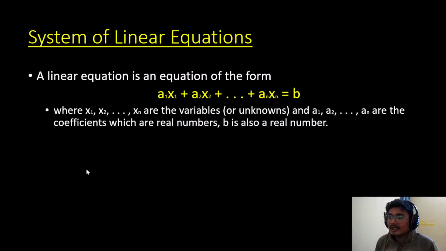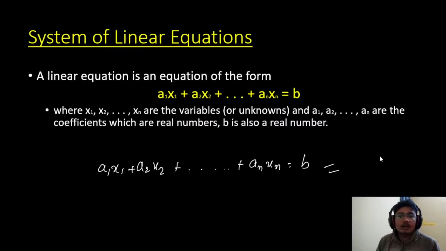So any equation is always in the form a1 x1 + a2 x2 + ... + an xn = b. This is known as a linear equation.